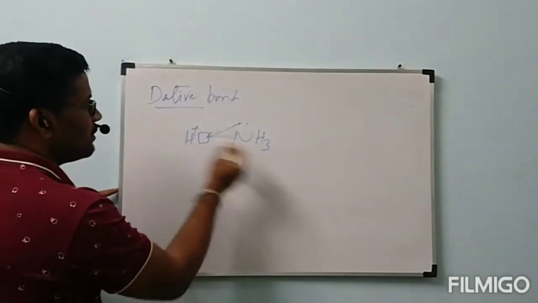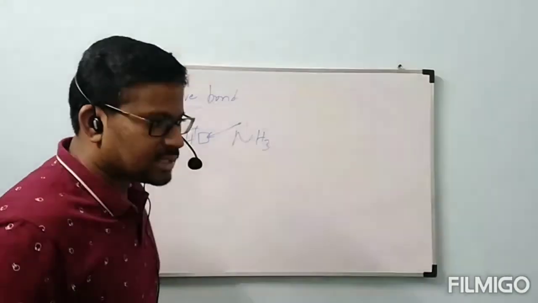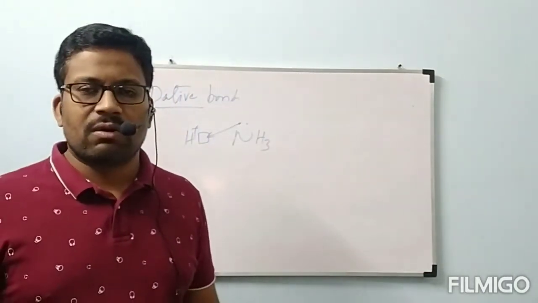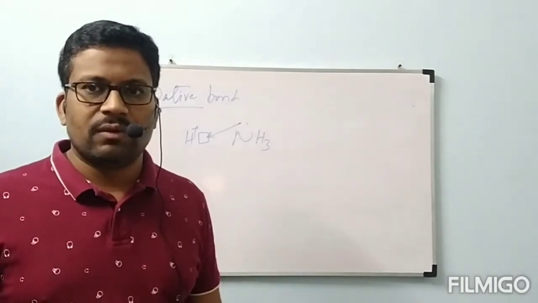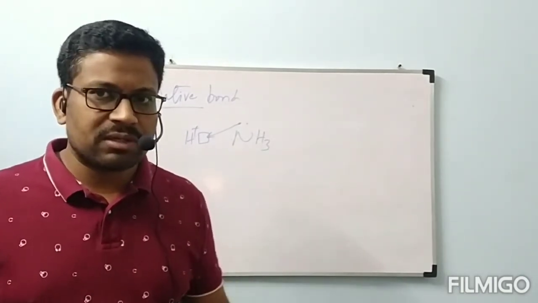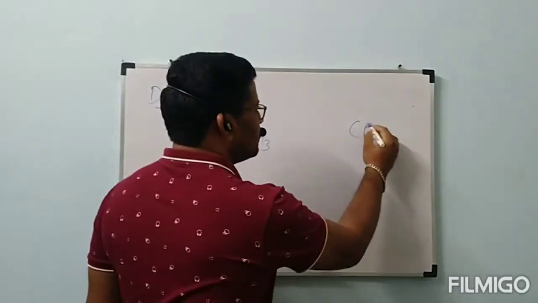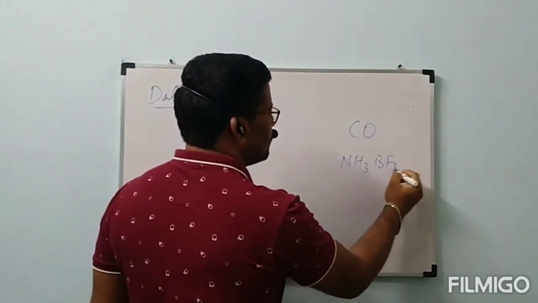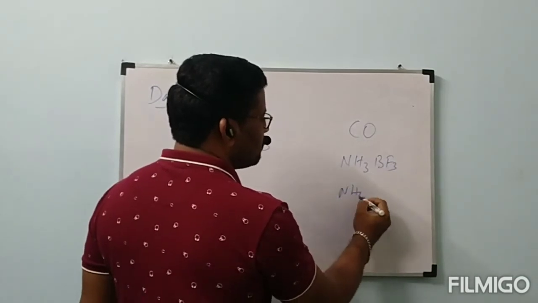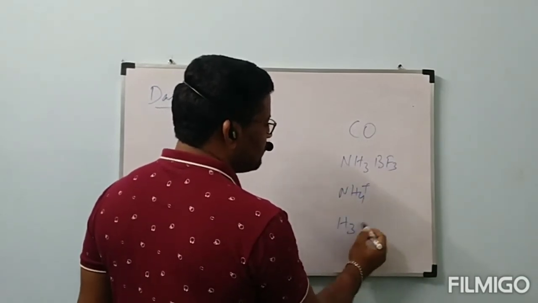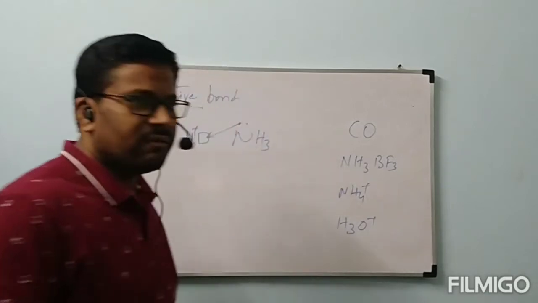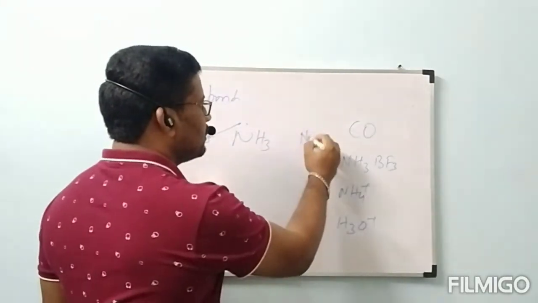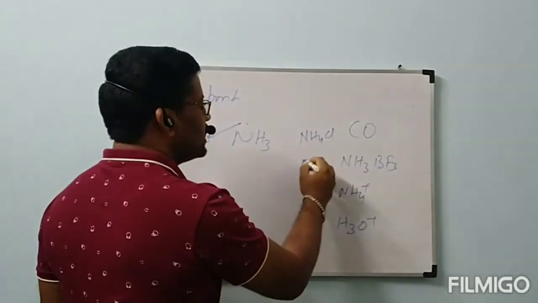Okay. Now there is a chance to get questions like this: in the following molecules, in which is a coordinate covalent bond present? We have to remember molecules like CO, NH3, PF3, NH4 plus, H3O plus, NH4Cl, NH4OH.